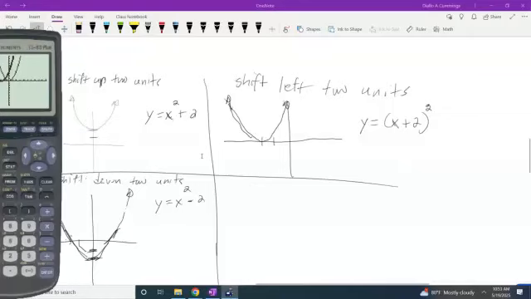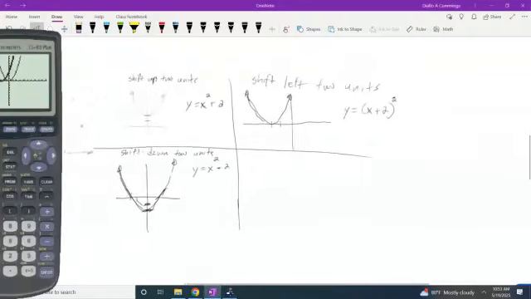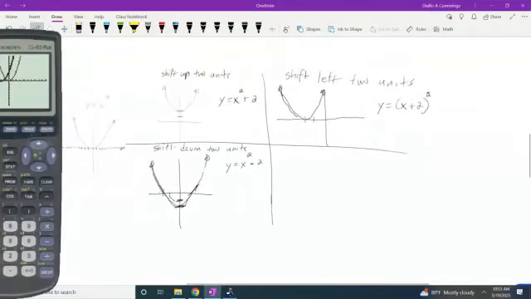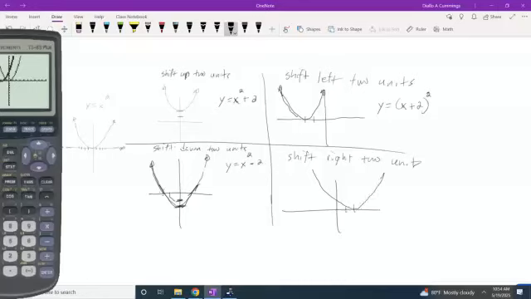All right, now we're going to take the same function and let's shift right 2 units. All right, so I'm just drawing a rough sketch of a graph.